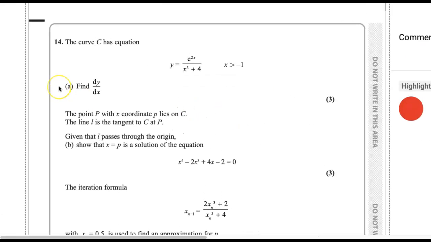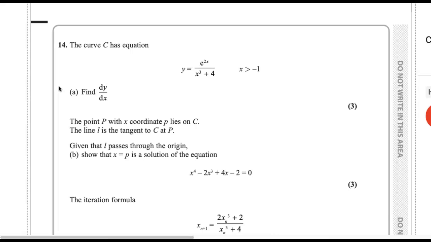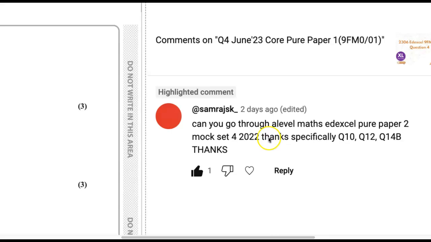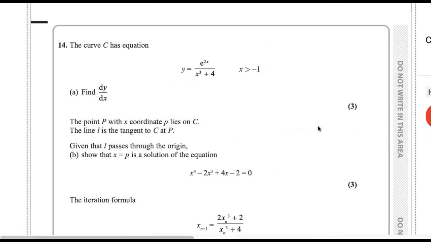So let's get started. We are discussing mock set 4 paper 2022, Edexcel A-level pure paper 2. The first thing is very easy. What we have to find out is just dy by dx.